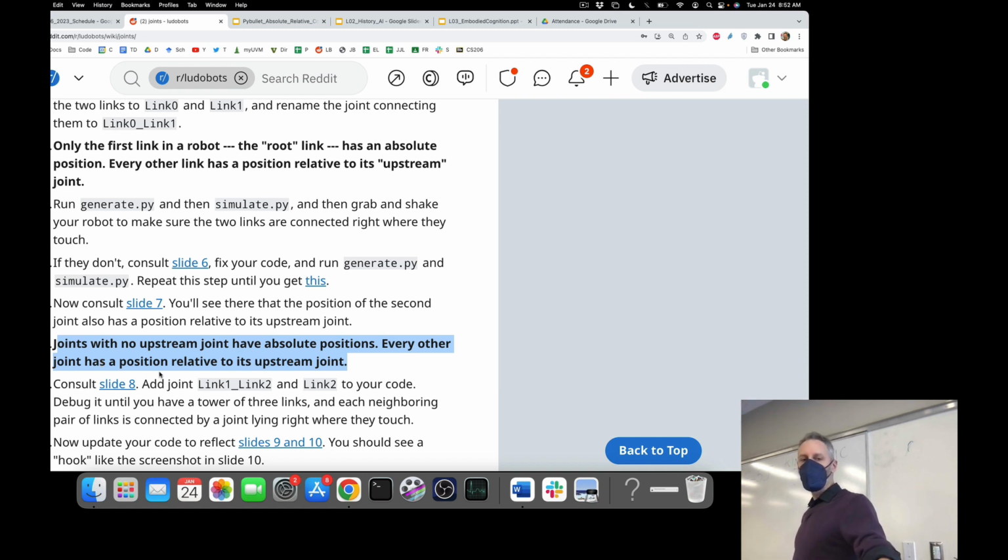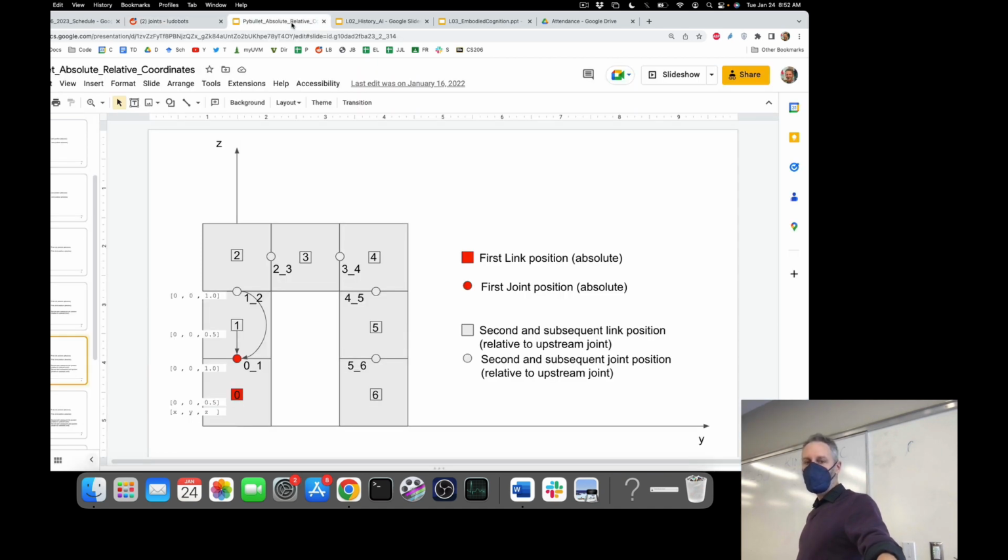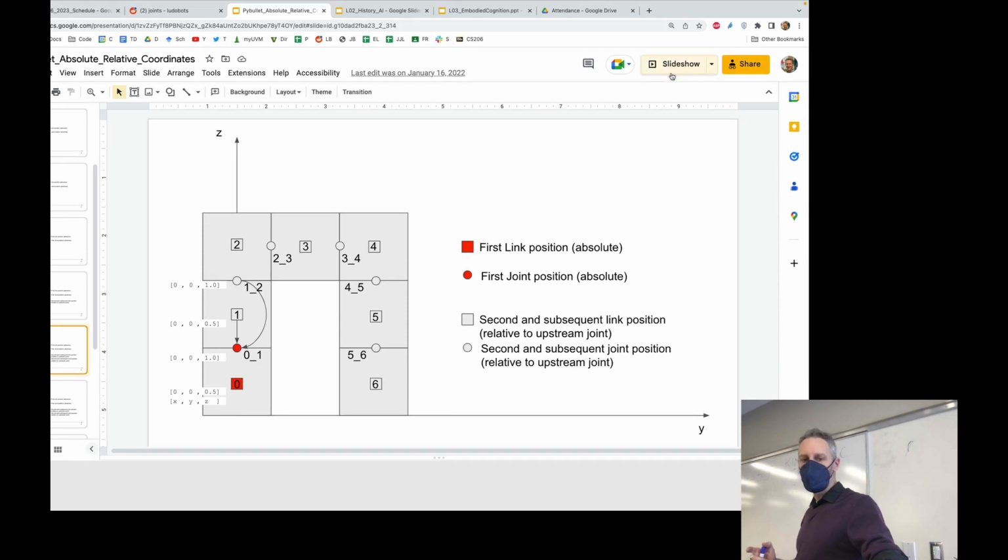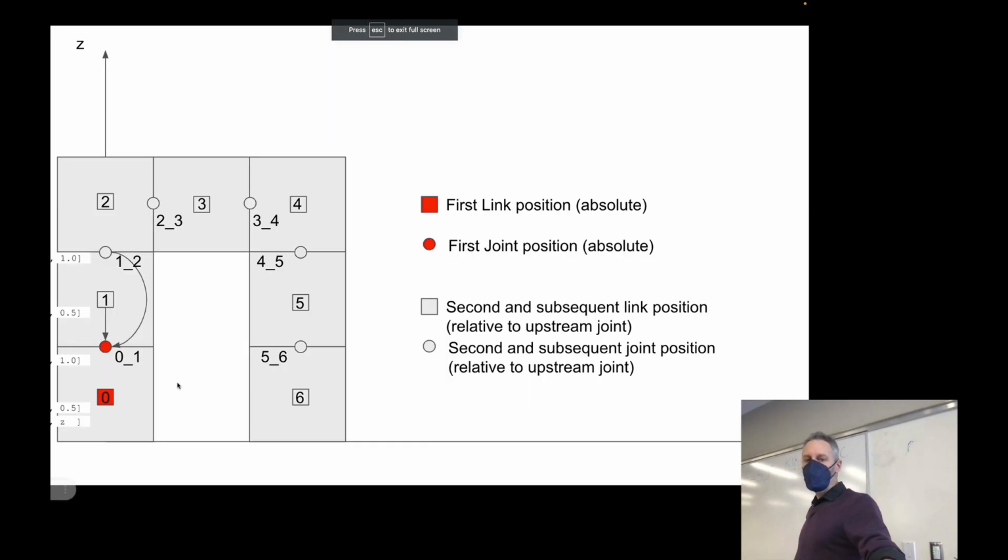You'll notice that the wording is a little bit different in step 32 and step 36. There is no root joint. And we actually already described the reason for that. If we create link 7 here and connect link 7 to link 0, so we create a joint here called 0, 7, that joint has no upstream joint, but it's the second joint we're adding, right?